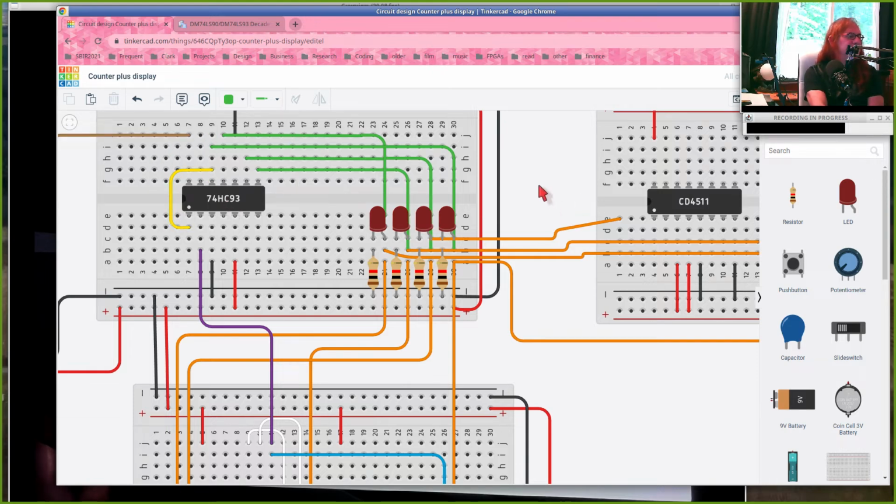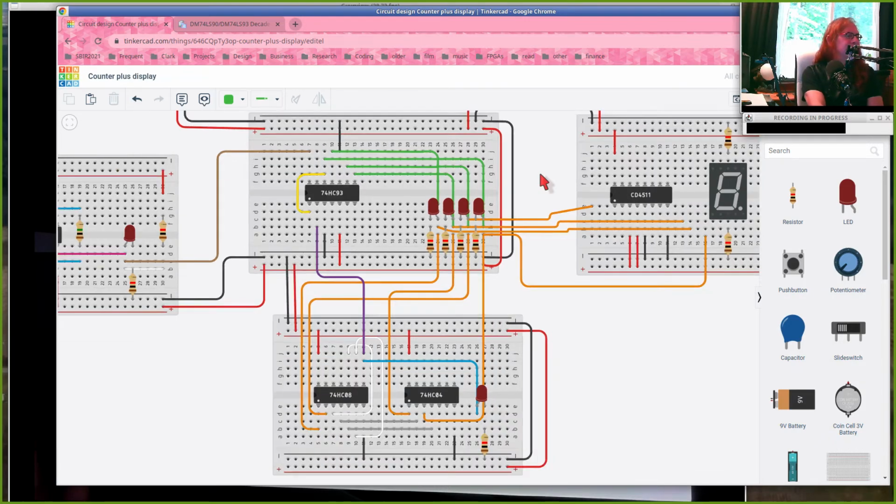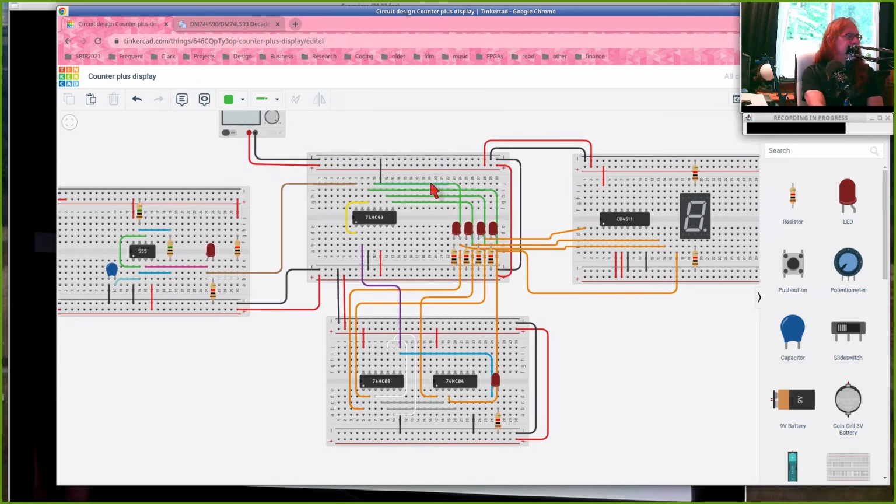And try to make your Tinkercad layout look like if you were to build this on a physical circuit, something you would be happy trying to debug, right? So it takes a little more time, but Tinkercad is pretty friendly about this, right? I can grab a corner and move it around.